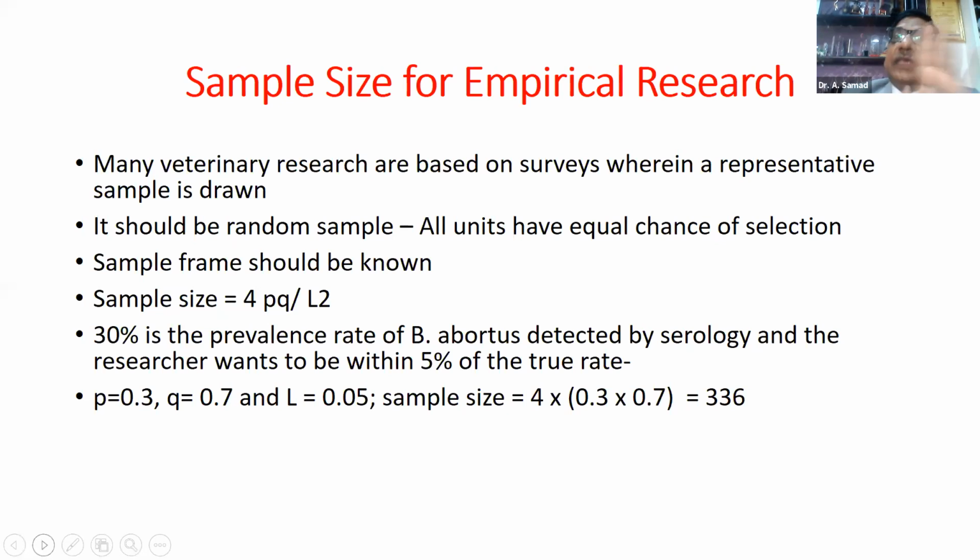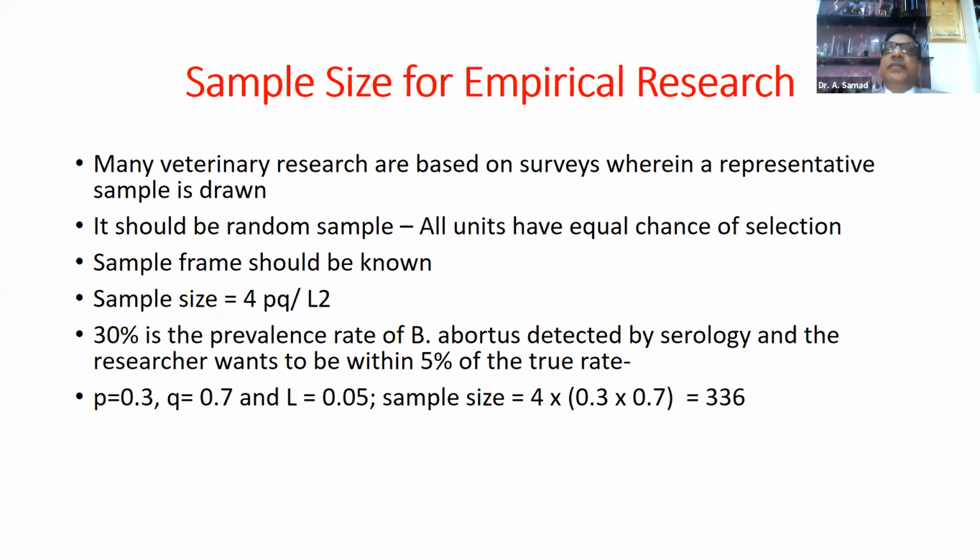Now here P is the probability. Here I am mentioning the probability of a disease. Suppose you have a population where the disease is present in only 0.5% of the population, and you want to find out whether that population has that disease or not.